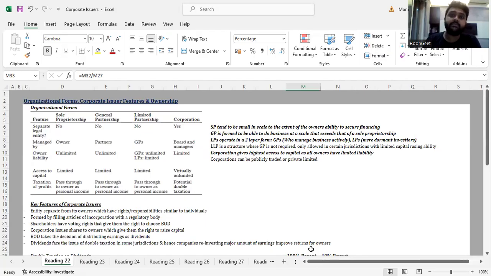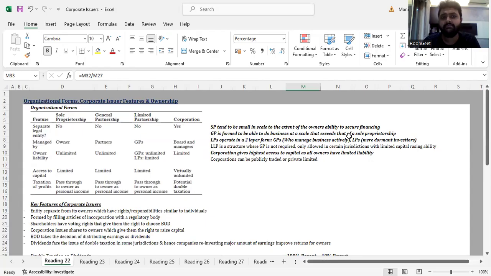In those easy subjects, your aim should be to capitalize the most, so that if I mess up with some other subjects, I will cover my marks here. That does not mean you take the other subjects lightly. What I'm trying to say is that you should try your best to get the highest outcome in these particular subjects. One of those is corporate issuers.